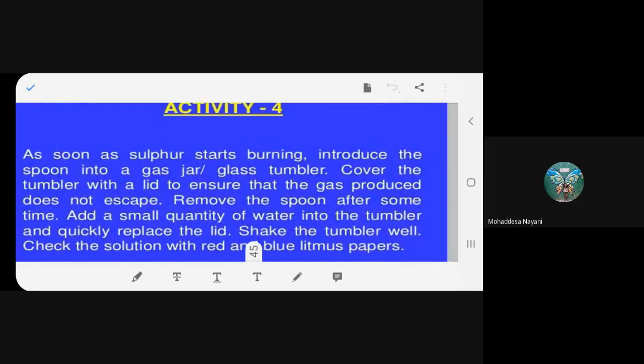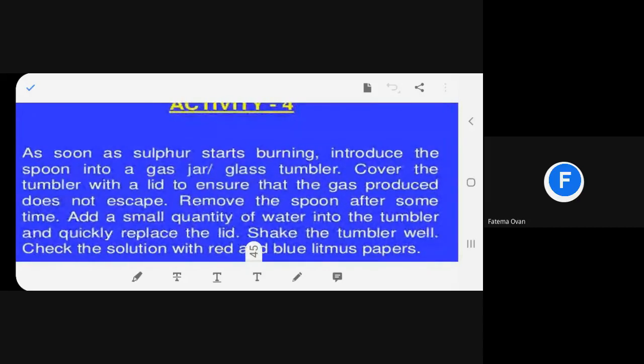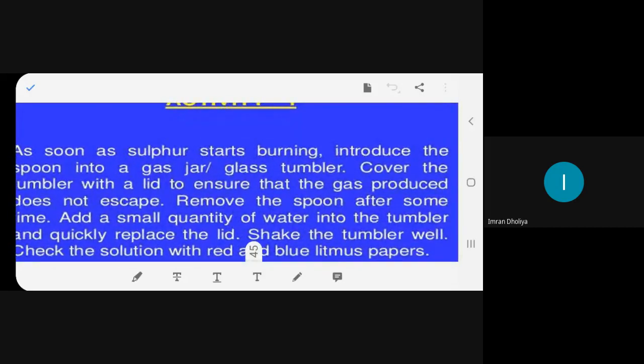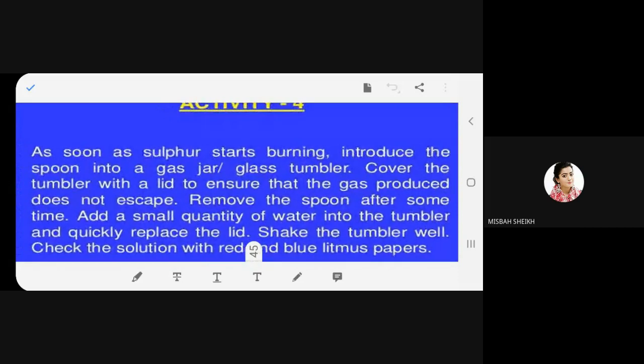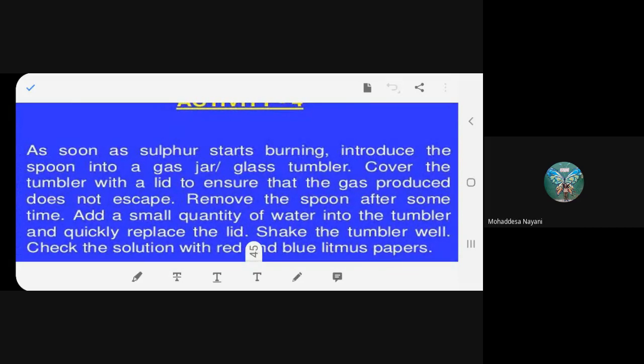Yes, ma'am, can I read? Misbah, read. As soon as sulfur starts burning, introduce the spoon into a gas jar or a glass tumbler.